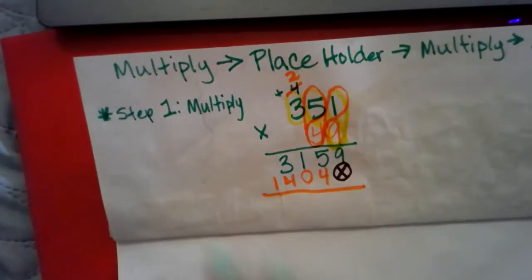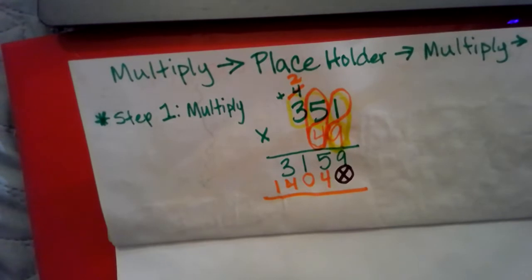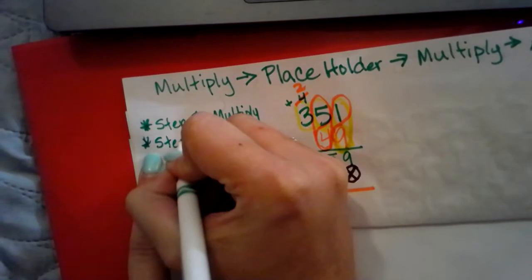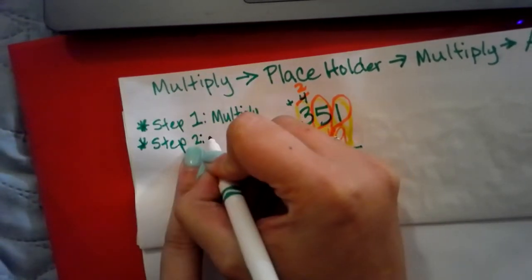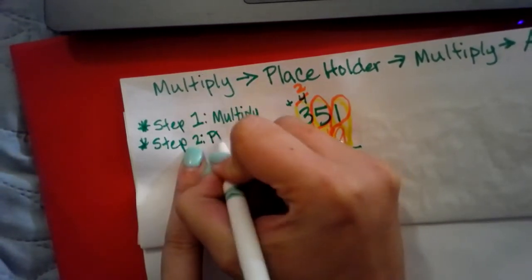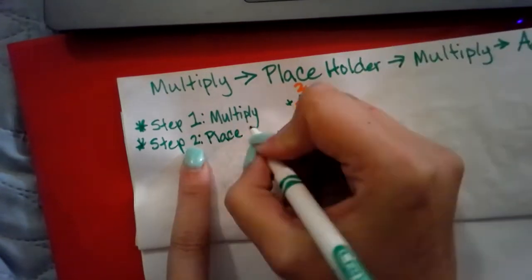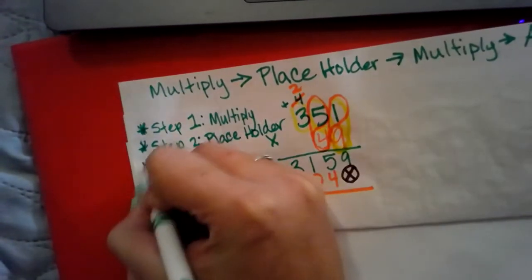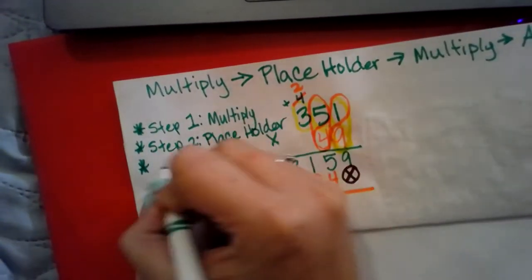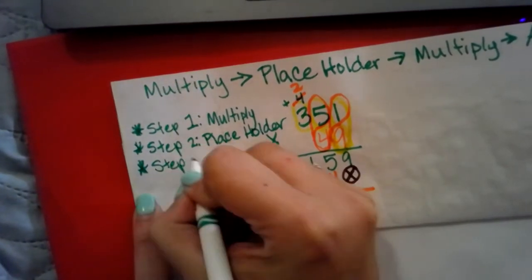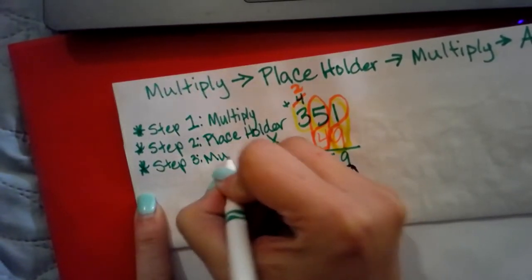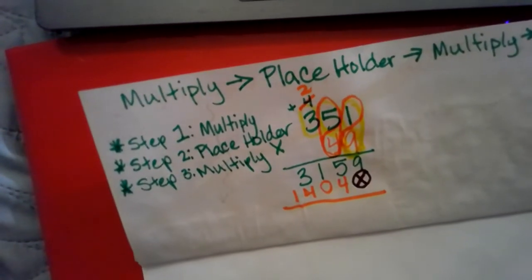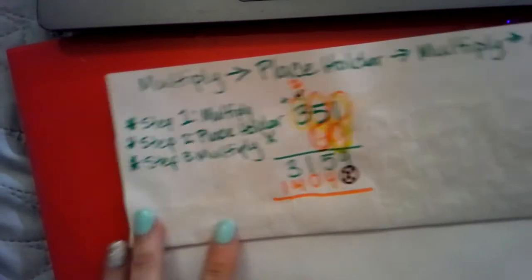And then my next step is going to be, let me write that step down. So step 2 was to put a placeholder, right? Then step 3, which we just did, is to multiply again. All right? And then what is going to be my last step here?